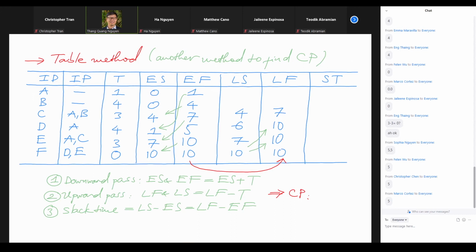So again, that 7 comes from that 7. And then next, we ask ourselves, where does B go to? B goes here, right? So before we start C at 4, we have to finish B by 4. So we have that 4 because of that 4. And we backtrack by 4 weeks, and we have 0.